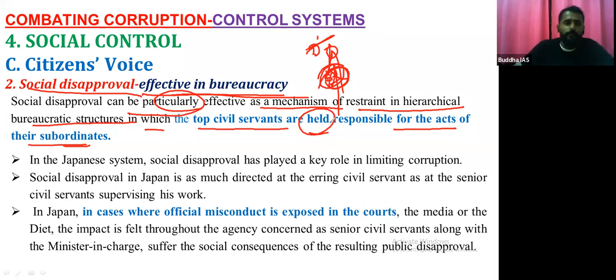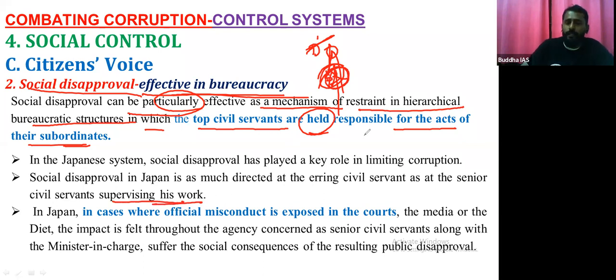In the Japanese system, social disapproval has played a key role in limiting corruption. The social disapproval in Japan is directed as much at the erring civil servant as at the senior civil servant supervising his work.